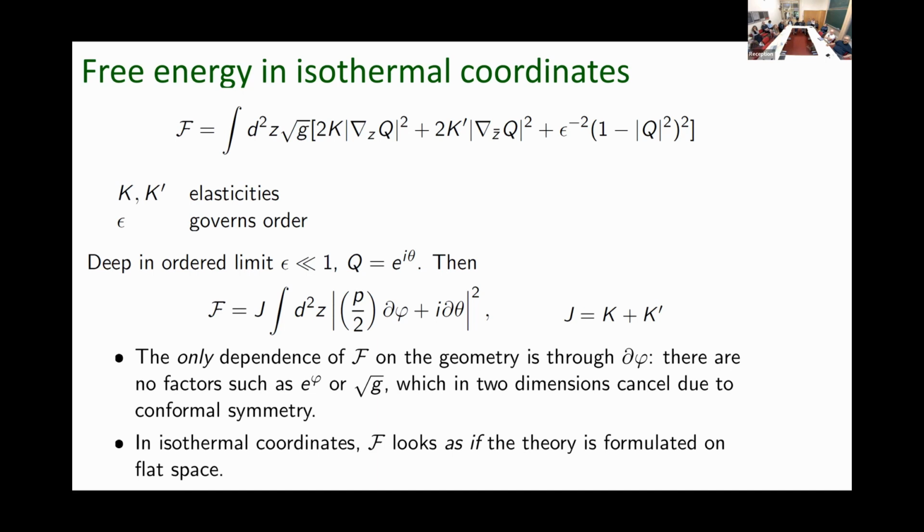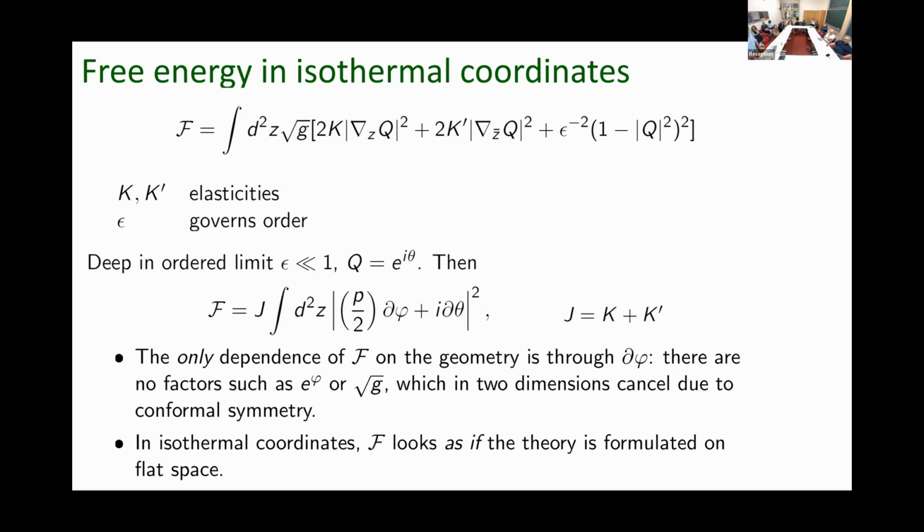So Q is like e to the i theta. Put it in the energy algebra and you get those factors of square root of g. Then when we take the absolute value squared, there are no factors of the metric. So the only geometry dependence is through this del phi term.